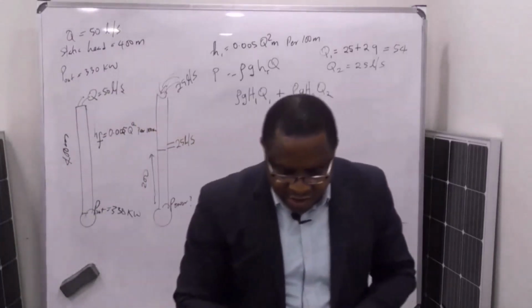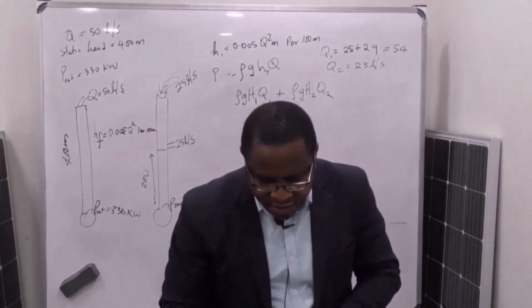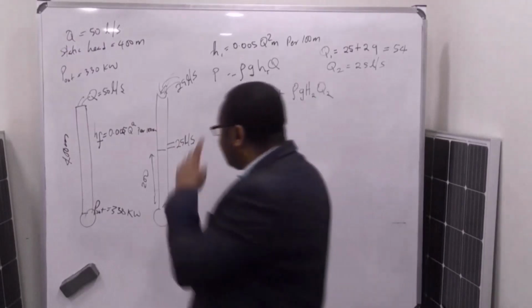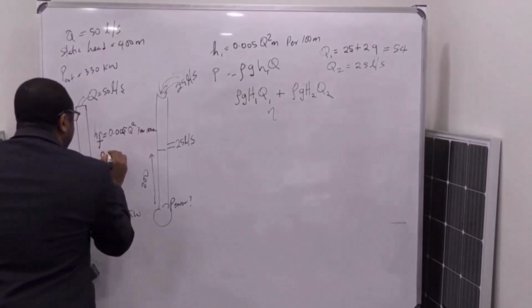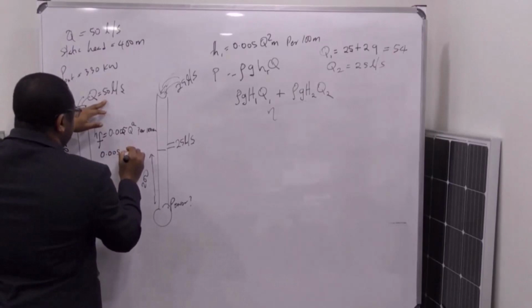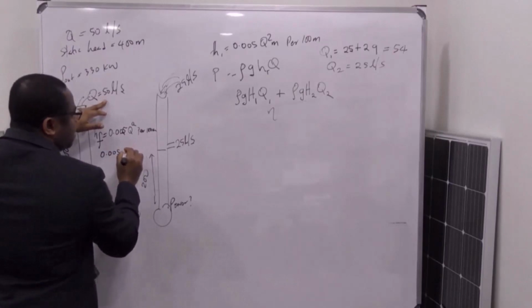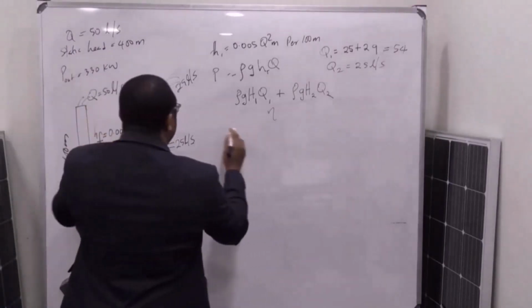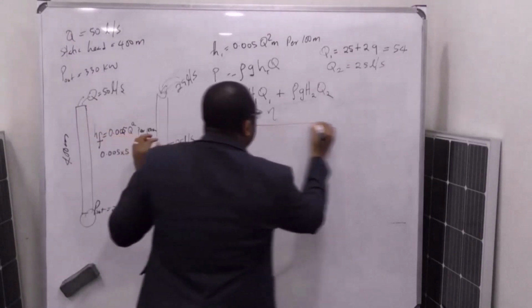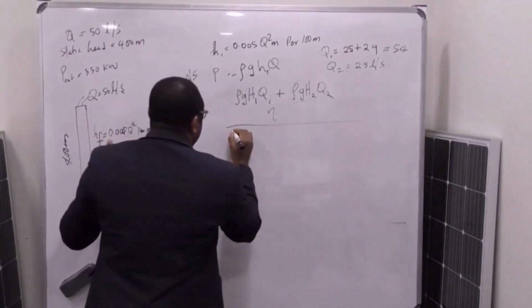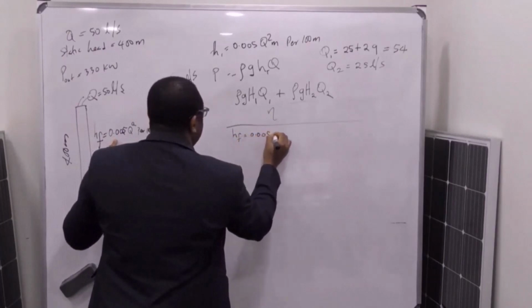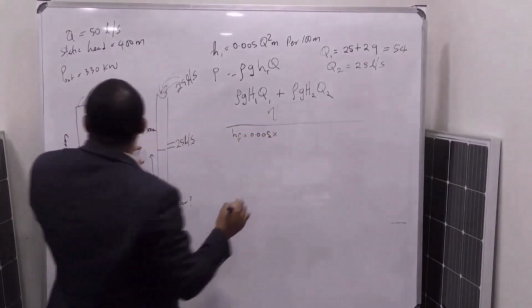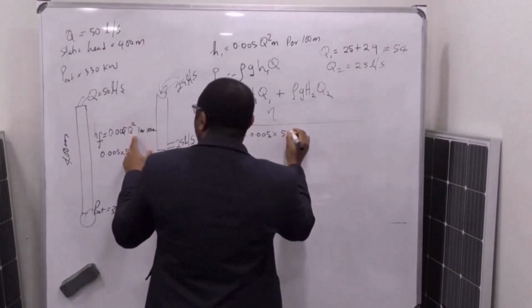I just want to make sure the Q is in meter cubed per second. So I'm just going to multiply this by 0.005 by 50 squared.